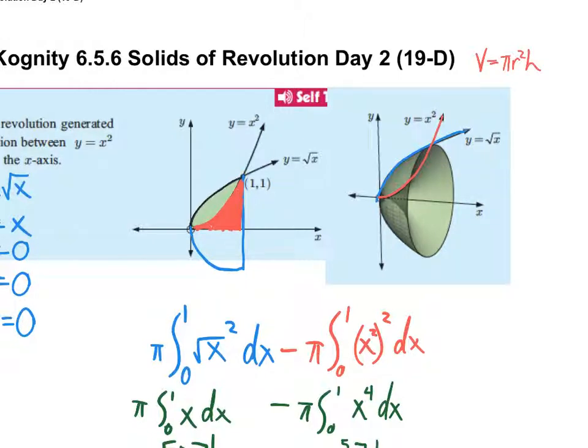So in this case, r is our function. H, the height, that's taking the integral from a to b. That's how you take care of the height.